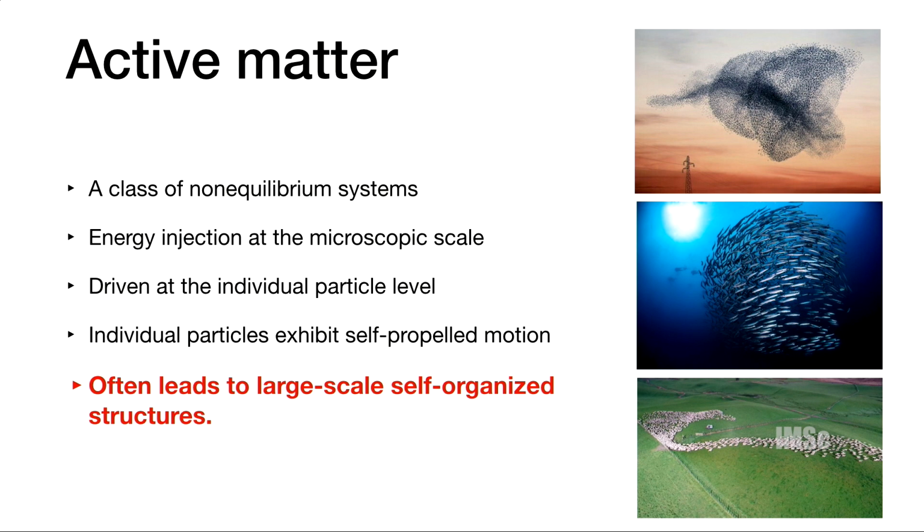Active matter, if I want to say it simply, is a class of non-equilibrium systems where energy is injected at the microscopic scale, so we drive these particles at the individual level. At the level of individual particles, they exhibit self-propelled motion, and often if you put a large number of these self-propelled particles together, they generate nice self-organized structures.